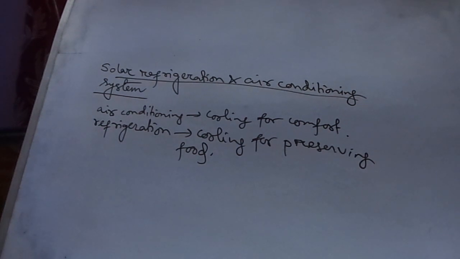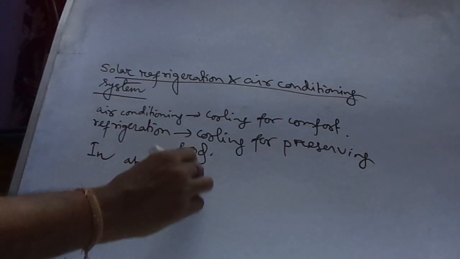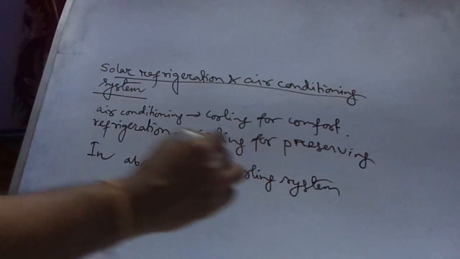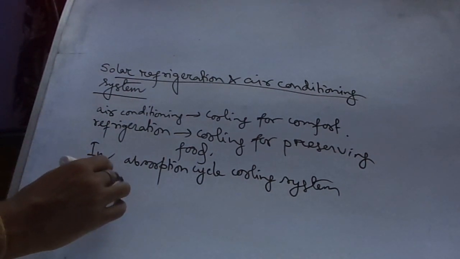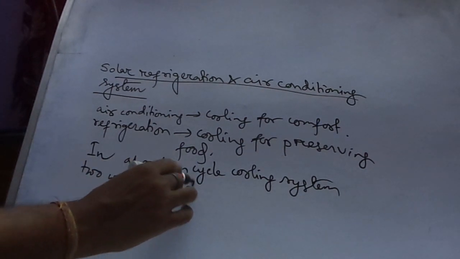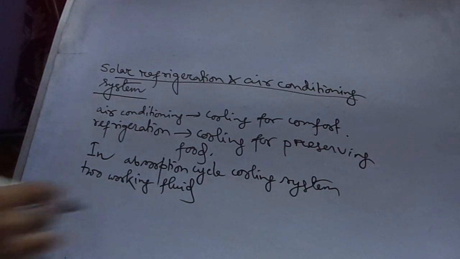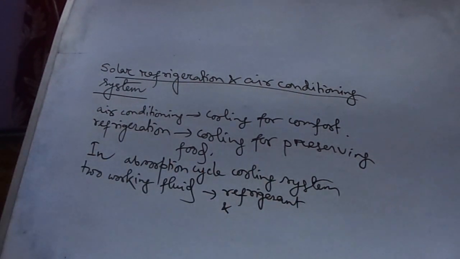In an absorption cycle cooling system, there are two working fluids: a refrigerant and an absorbent, which form the refrigerant solution.